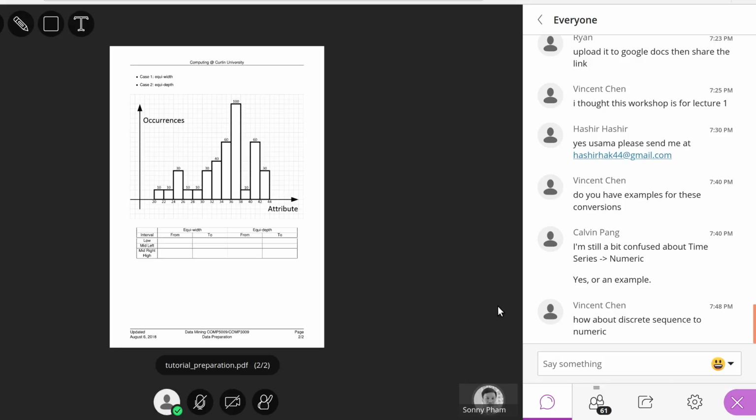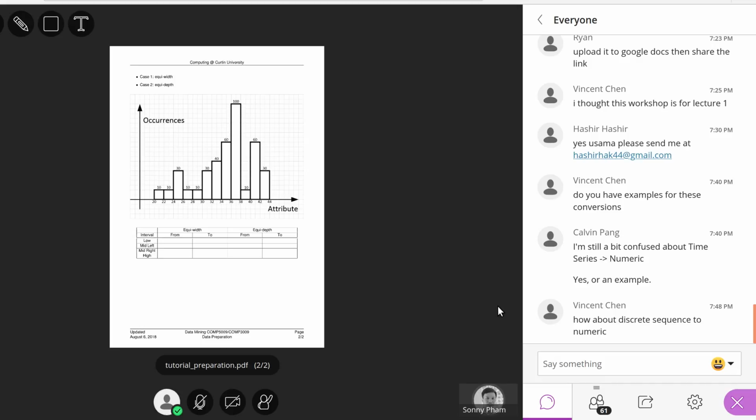If we divide the range into 4 intervals, what should be the starting point and end point of each interval for equi-width or equi-depth? Of course, you have to listen to the iLecture to understand what they mean.